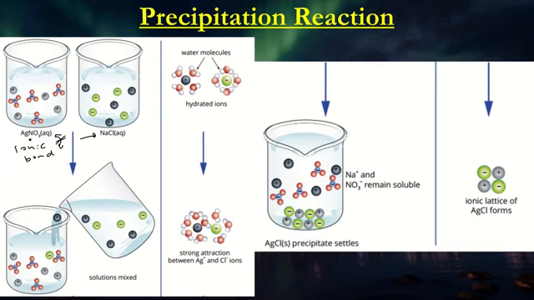Let's say we try to mix the silver nitrate and the sodium chloride together, so they come in towards each other. What's happening now? Firstly, the water dissolves the atoms, so it makes it into a liquid solution. What we mean by an aqueous solution is well illustrated in these two diagrams.